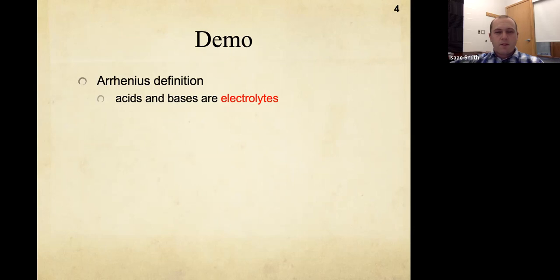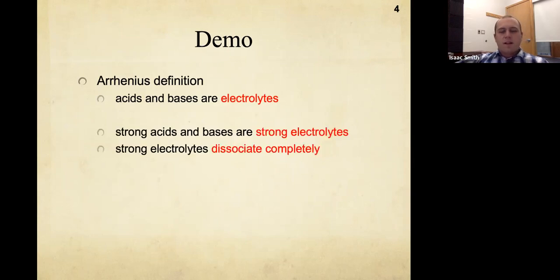helpful. So again, according to the Arrhenius definition that we covered in the last lecture, acids and bases are electrolytes, right? Acids produce H plus ions and bases produce OH minus ions. So electrolytes are anything that produces ions in solution, right? So strong acids and bases are going to dissociate completely, and so they're strong electrolytes, right?